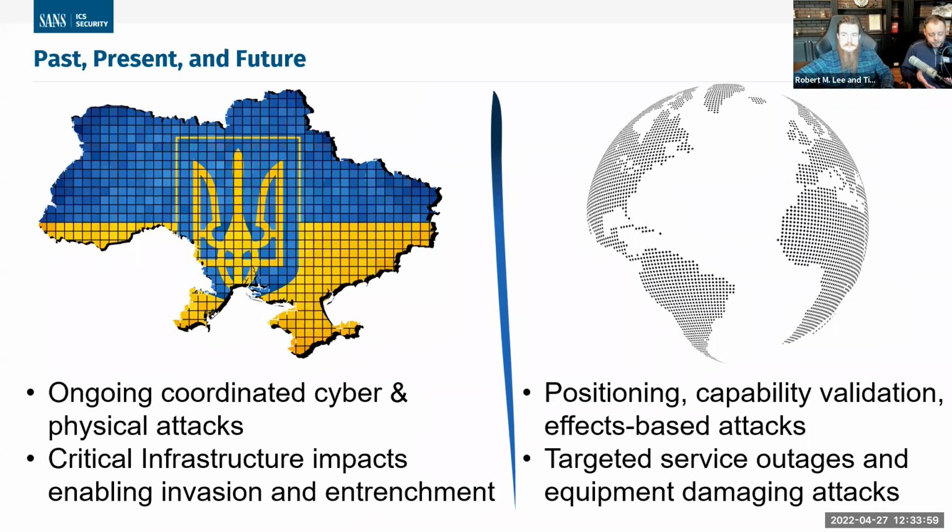And as you begin to dive into, well, how would they target it? Again, Rob mentioned many countries are not part of the bullets and missiles flying, but assume other countries, other nations, the right hand of this slide, this adversary looking to position, validate capabilities, have the ability to pursue effects-based attacks.